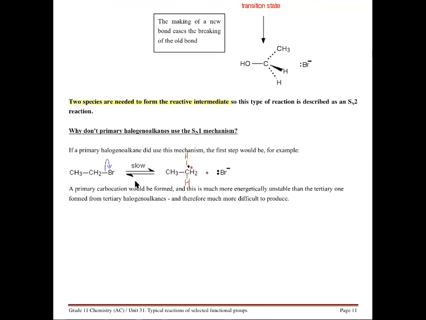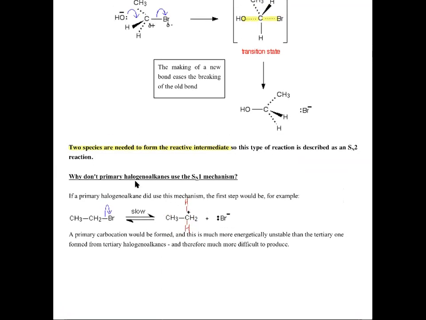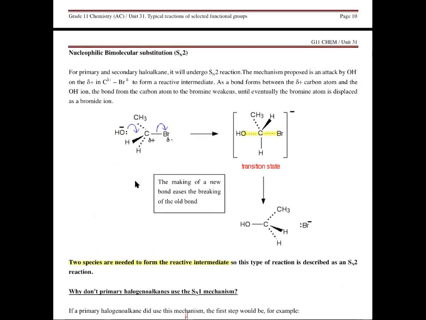So this positively charged carbon is not stabilized. It's very unstable and much more difficult to produce. So this way is not preferred. It requires much more energy input, and this one is really hard to produce. Hence, it will go through another way that requires less energy input. It will go through this transition state.